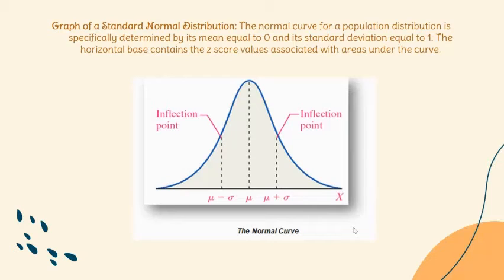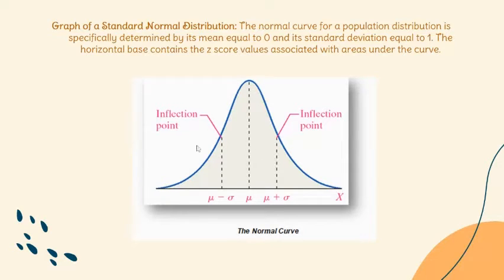So this will be the graph of our standard normal distribution. The normal curve for a population distribution is specifically determined by its mean equal to 0 and its standard deviation equal to 1. The horizontal base contains the z-score values associated with areas under the normal curve, which we already found earlier. So here, as you can see, we have the inflection point.